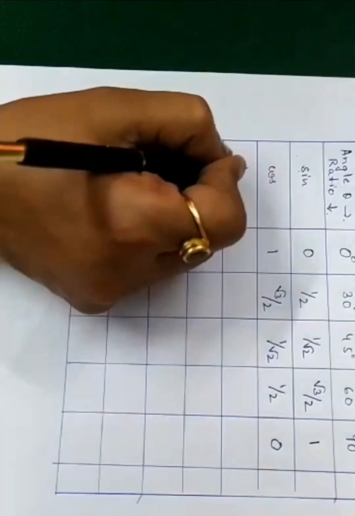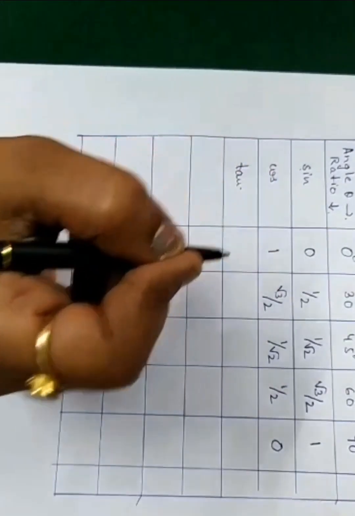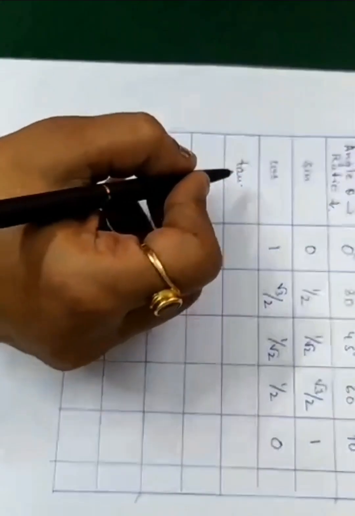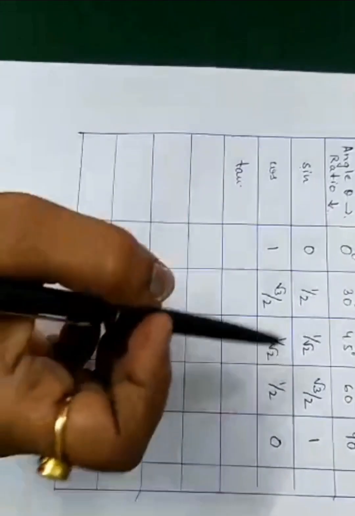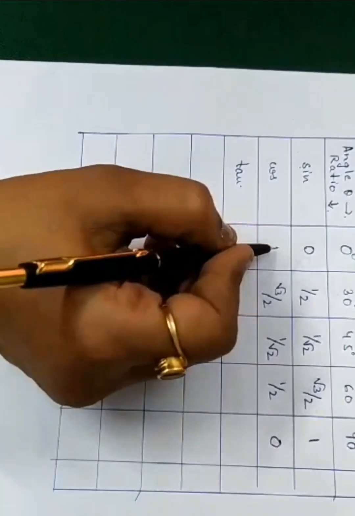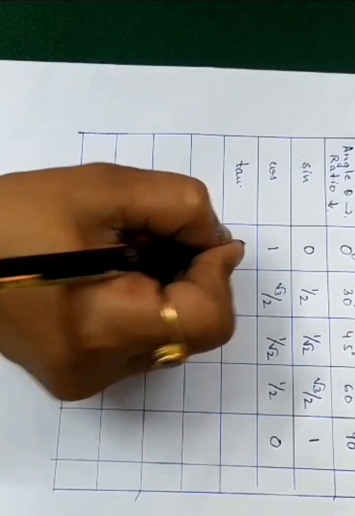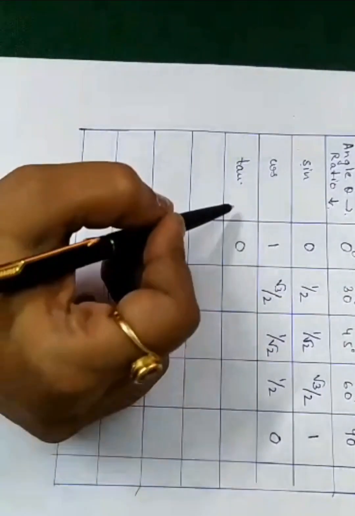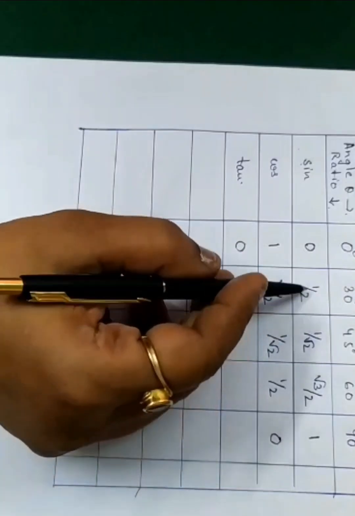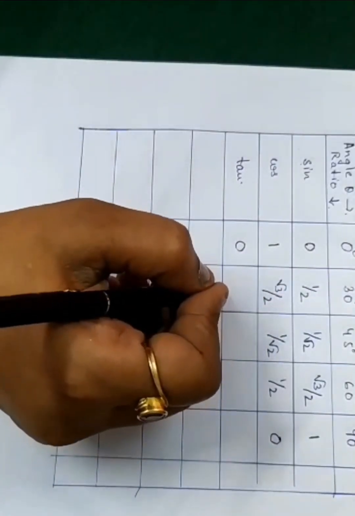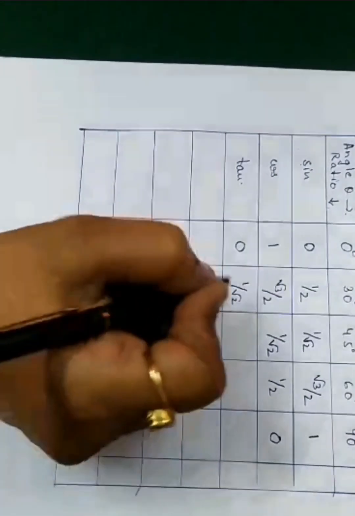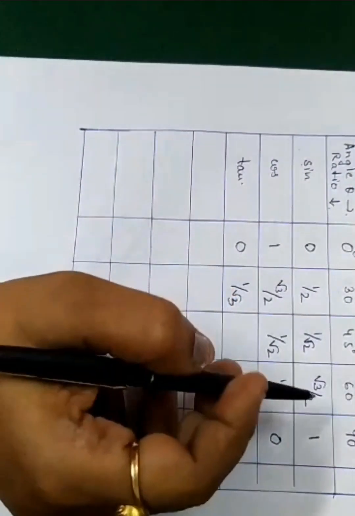For tan, tan theta is actually sin theta by cos theta. So to find tan 0, you divide sin 0 by cos 0. So 0 by 1 is 0. For tan 30, you do sin 30 by cos 30, that is half by root 3 by 2, that is 1 by root 3.